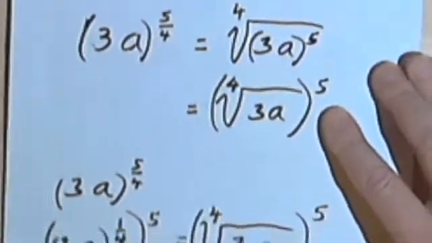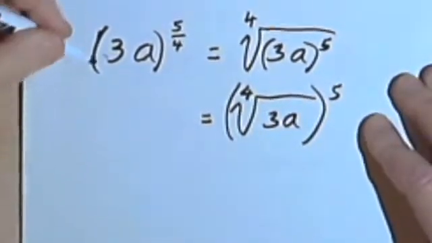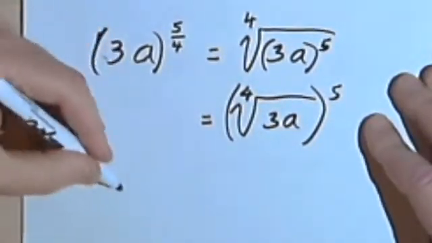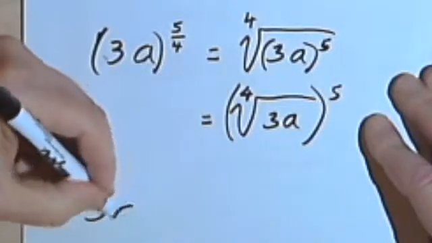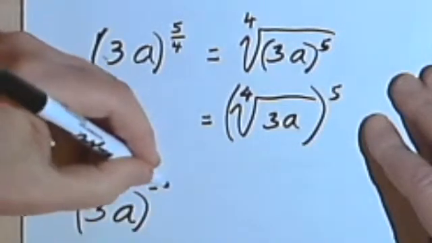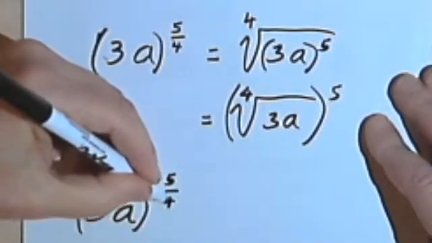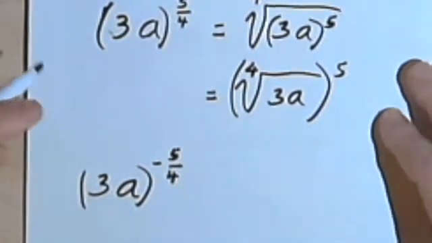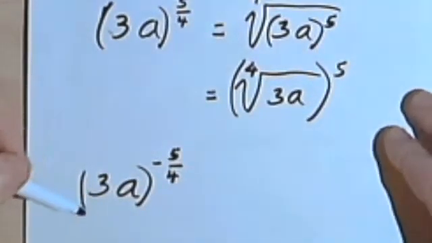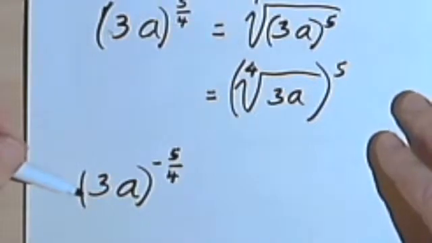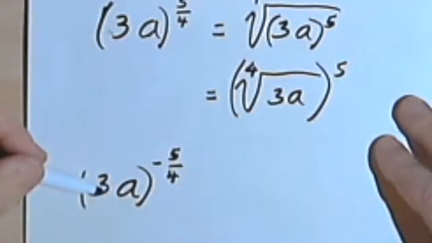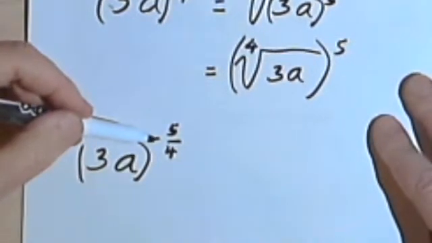Now, let's do a variation on this. And this is really pretty easy. Let's say instead of 3a raised to the 5/4, I had 3a to the negative 5/4. Something to remember about math is, just because you've learned new rules, it doesn't mean the old rules no longer work. So we had a rule for negative exponents.